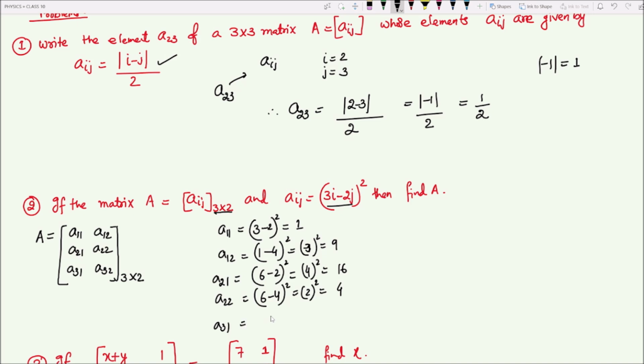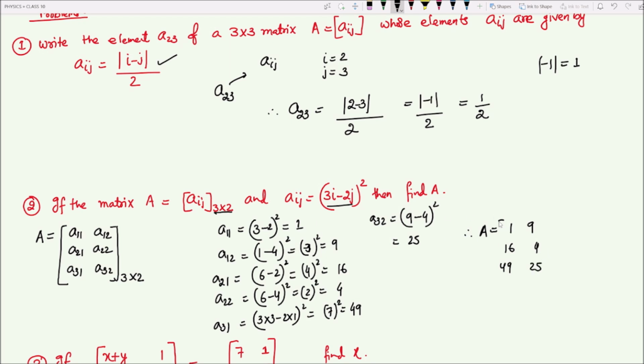A31 is (3 into 3 minus 2 into 1) squared, that is 9 minus 2, which is 7, and 7 squared is equal to 49. And the last one is A32: (9 minus 4) squared, that is 5 squared, 25. Therefore matrix A is equal to 1, 1, 16, 4, 49, 25.